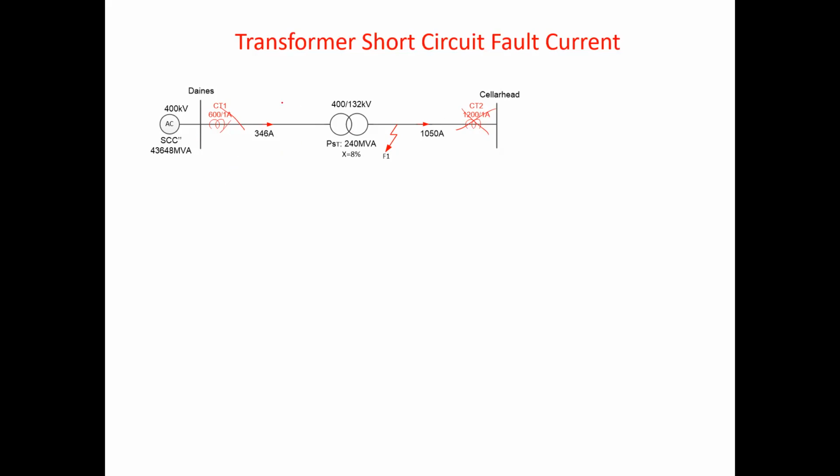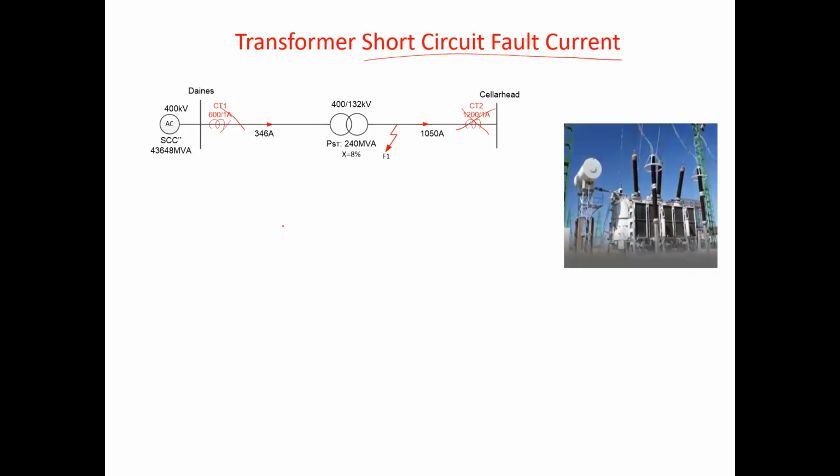Okay, so how do we calculate the short circuit current for this transformer? The first thing we need to do is look at the source impedance. What is the source impedance of the transformer, or the source?